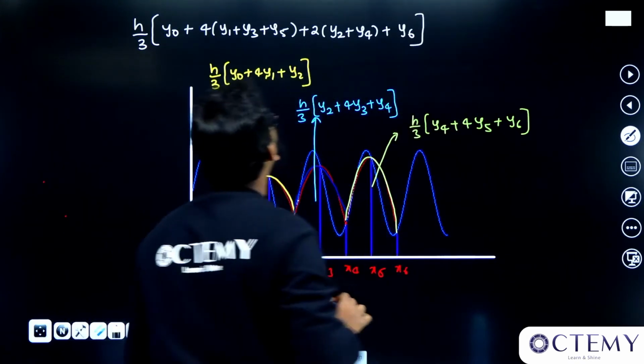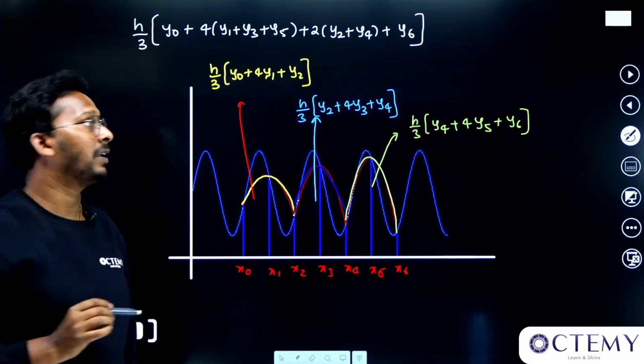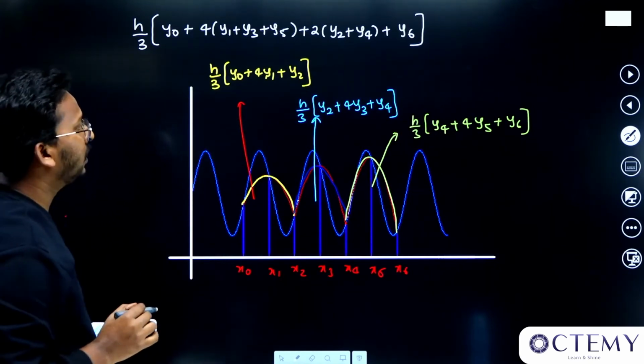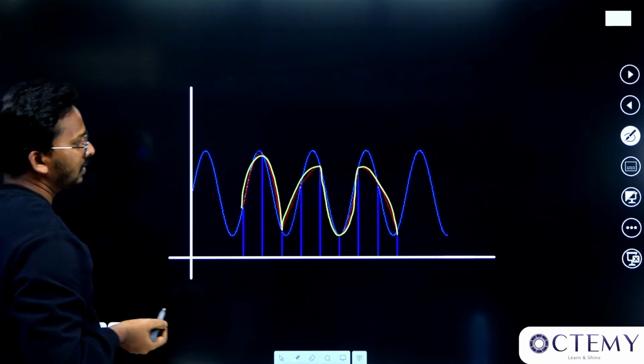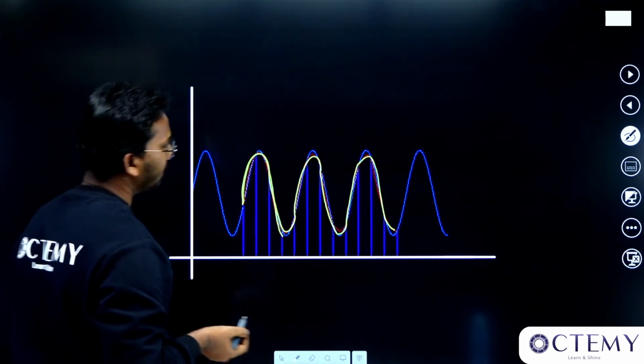That's why I told you n should always be even, right? So this is the formula, sir. Similarly, I can write the generic formula like this, right?